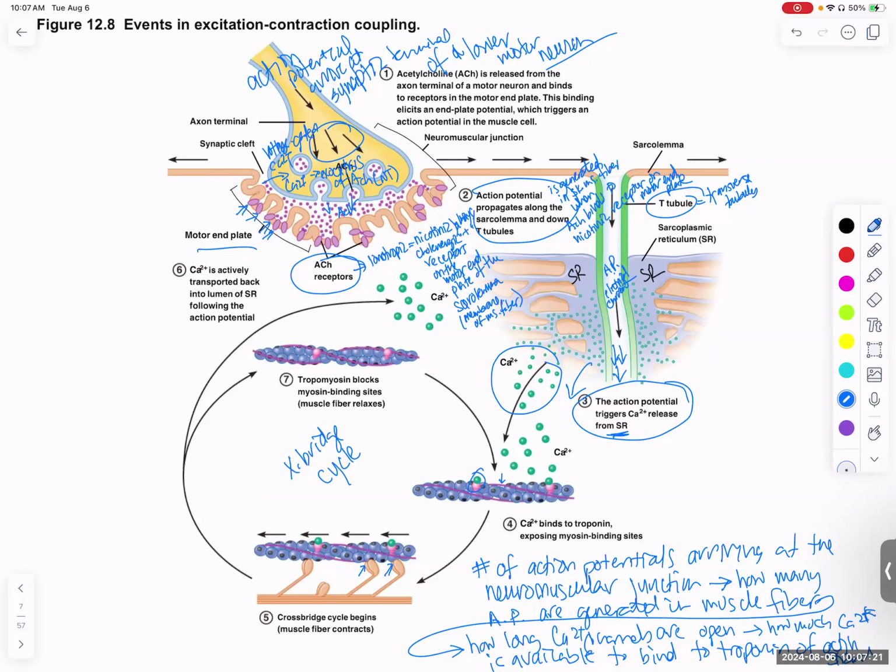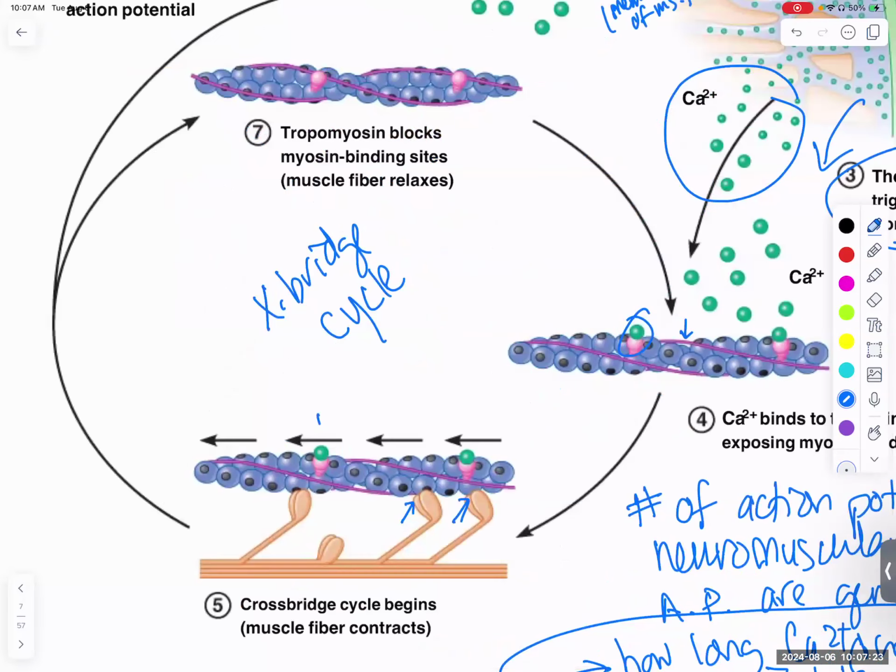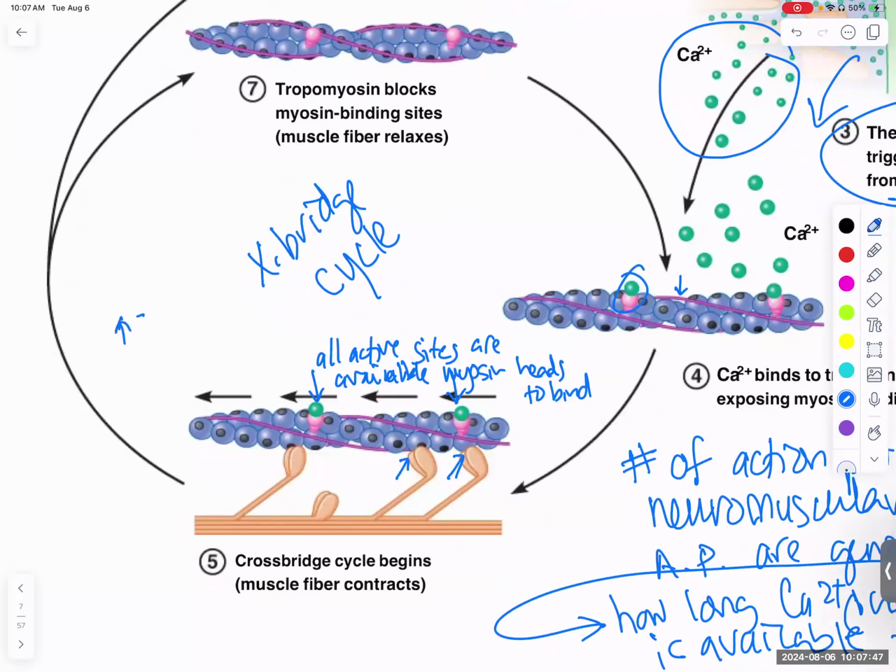So if all of the troponin have calcium bound to it, all active sites are available for many myosin heads to bind. That is to say, the amount of calcium released is going to equal how many cross bridges can form.